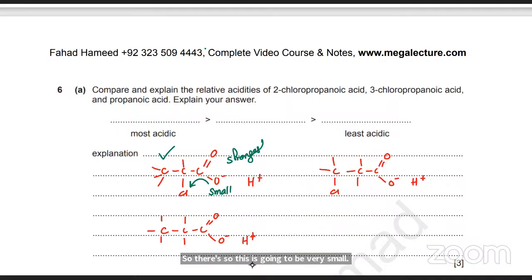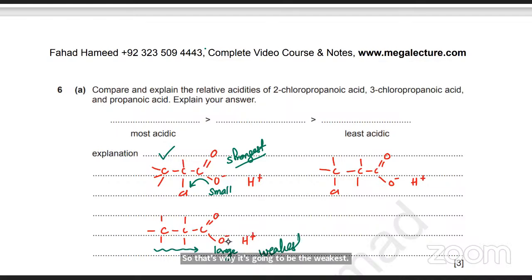More ionization. ठीक है, the H+1 is not going to be that attracted to it. Weakest कौन सा होगा? Propanoic acid. ठीक है, वो alkyl chain है, so the negative charge would be large, so it would be very strongly attracted to H+1, so that's why it's going to be the weakest acid.